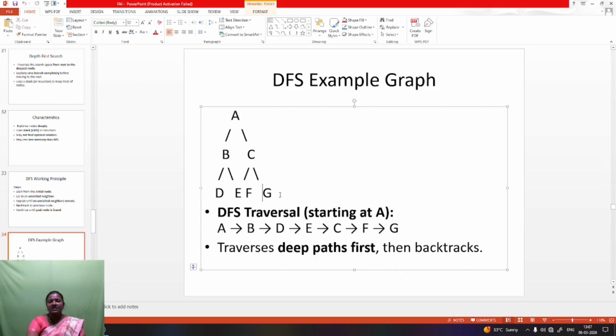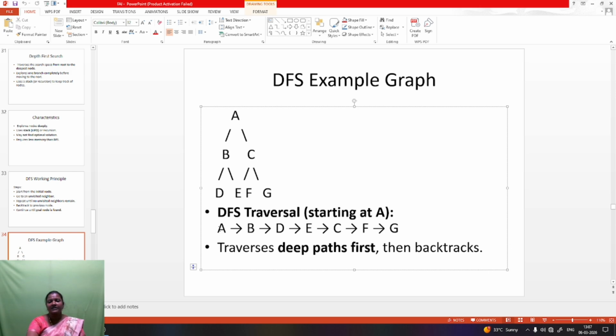Here in G we are at a dead end, so we perform backtracking. So now we are in node C. Here we check whether any unvisited node is there. No unvisited child is there, so we do backtracking again.